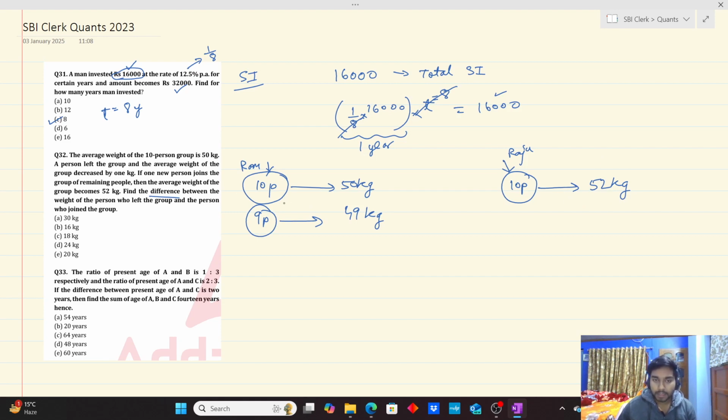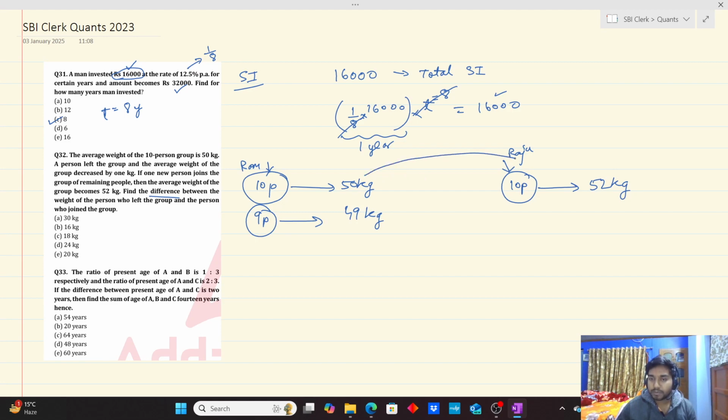So the difference: here also, like the previous question where we saw the difference between the initial amount that we invested and the amount that it has become, here also we will see the difference. Difference is the key to solve these questions in shortcut. Here also we'll see that when Ram was there, my average was 50 kg, and when Ram was not there, a new person was there, my average is 52 kg.